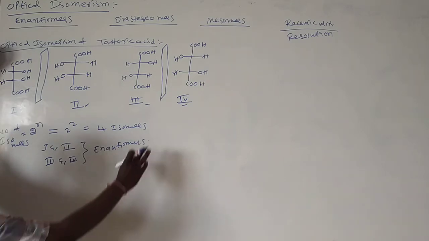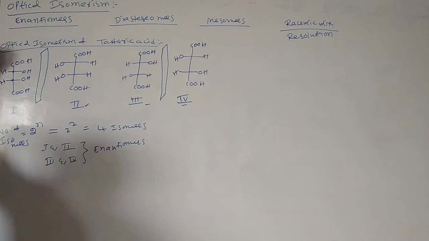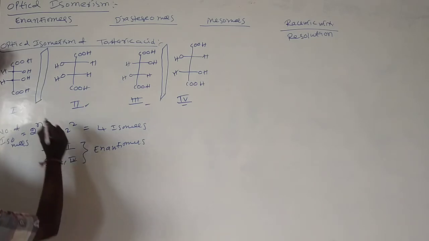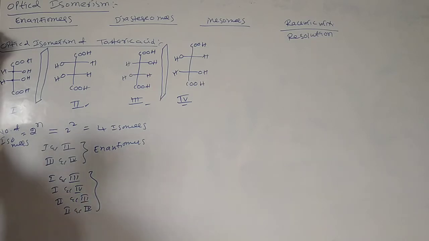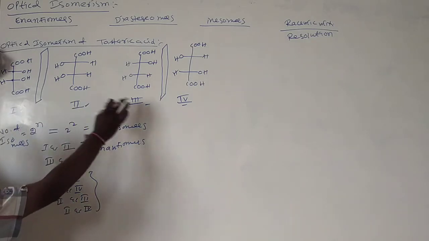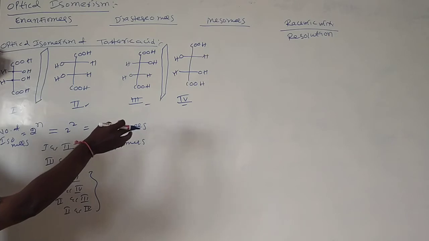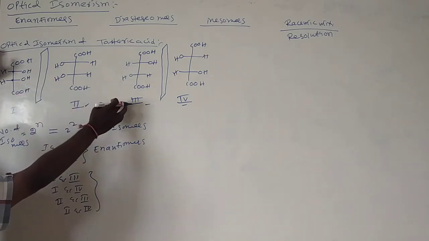And here, 1 and 3, 1 and 4, 2 and 3, 2 and 4: these four pairs have the same molecular formula and are non-superimposable, non-mirror images.